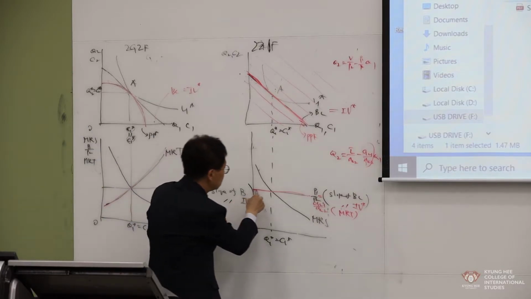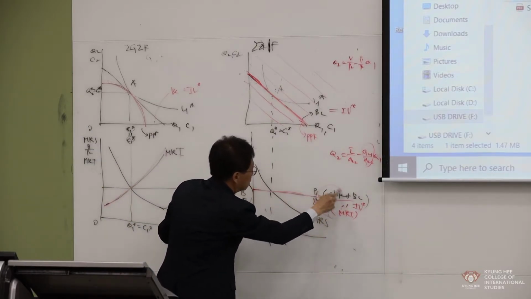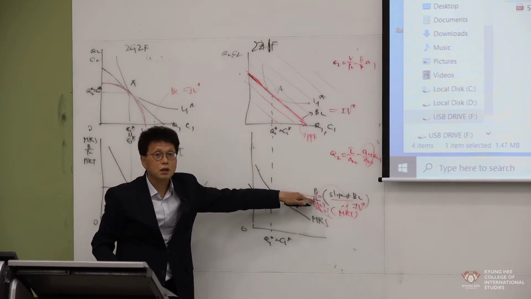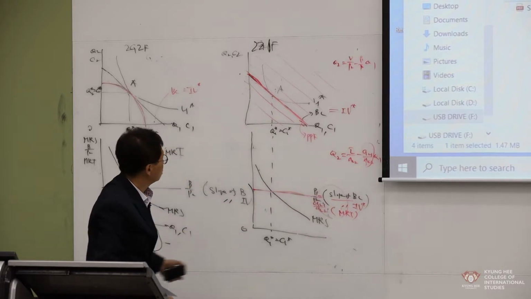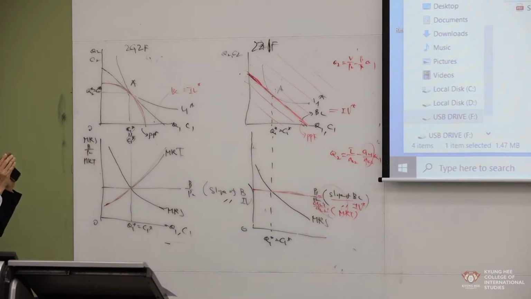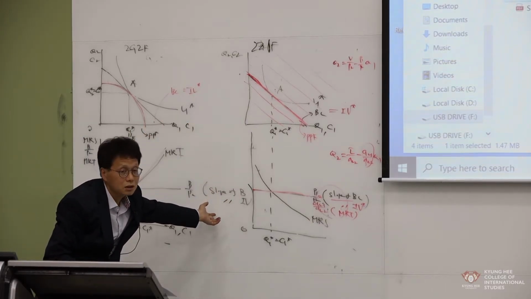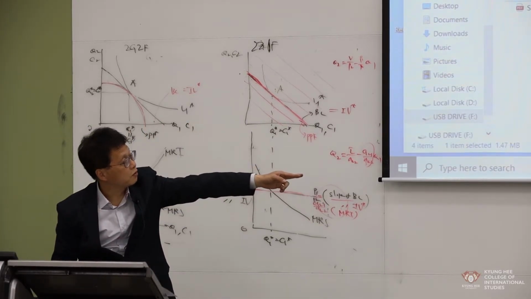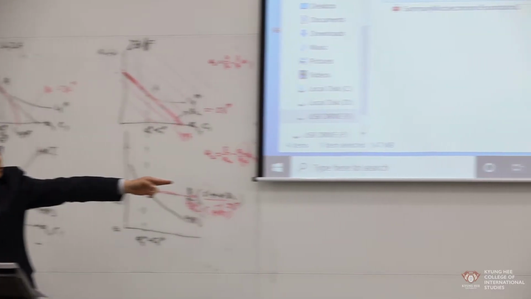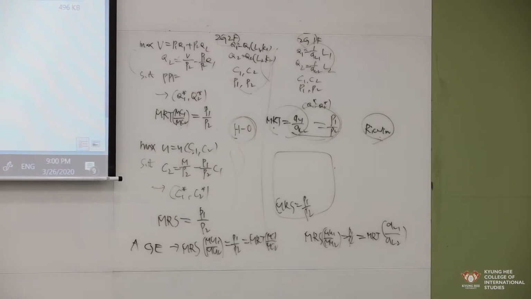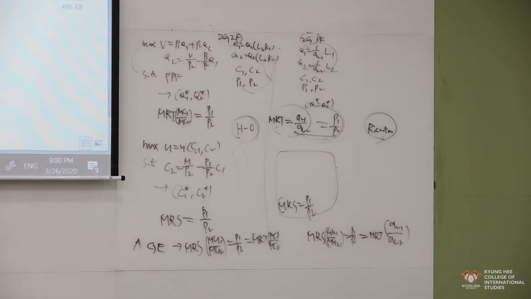And this is MRT2. The MRT is also a horizontal line like this. Can you understand? So you have to structurally understand the graphical illustration and the mathematical formulation. So perfectly the same thing. That is the general equilibrium point.